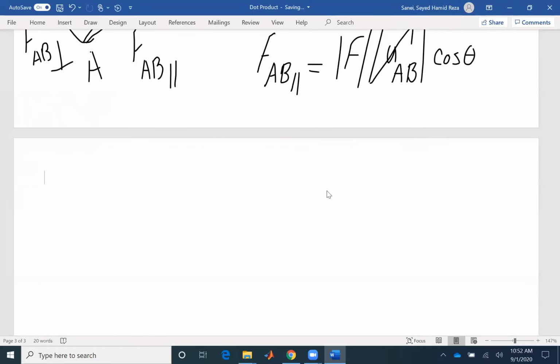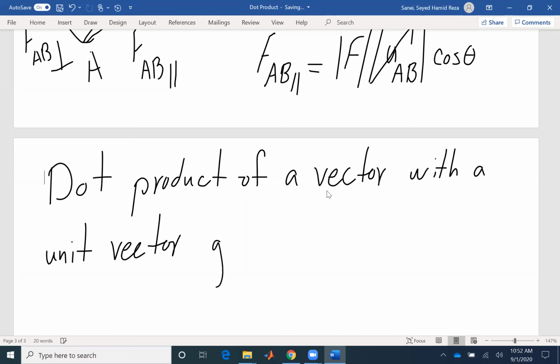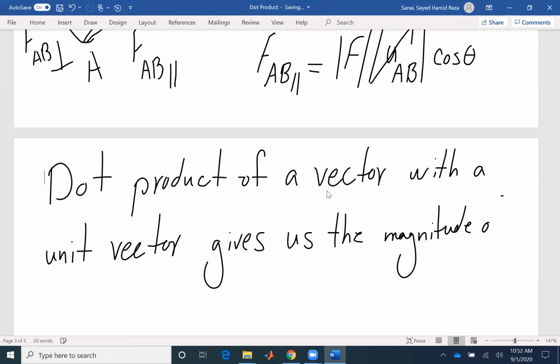So the dot product of a vector with a unit vector gives us the magnitude of the vector along the unit vector.